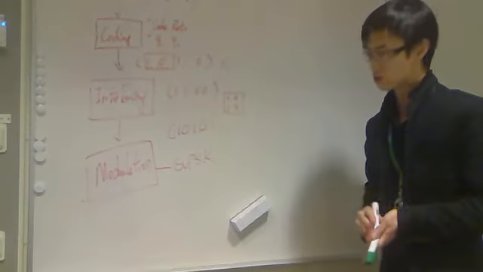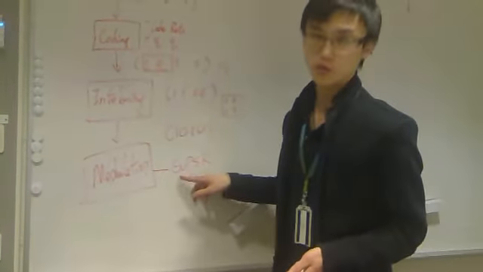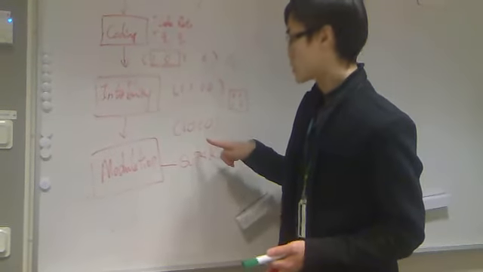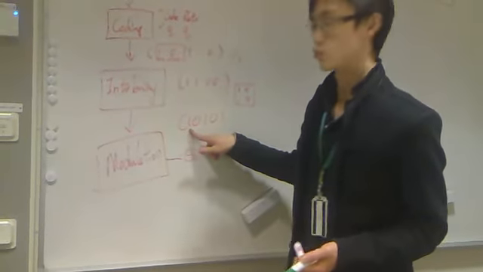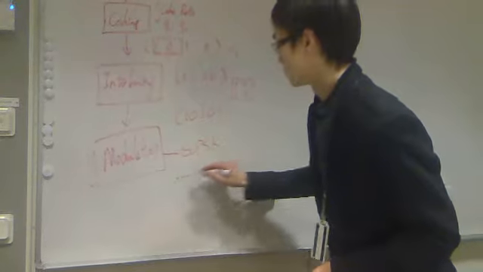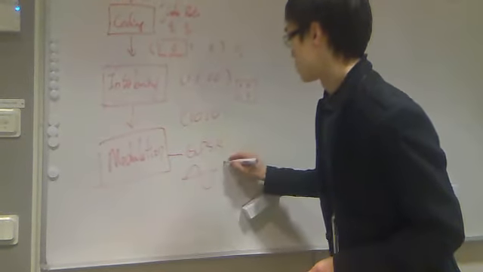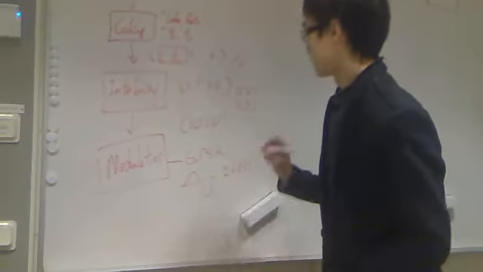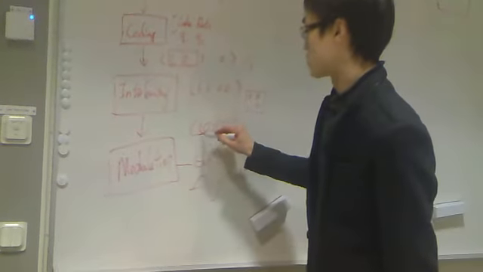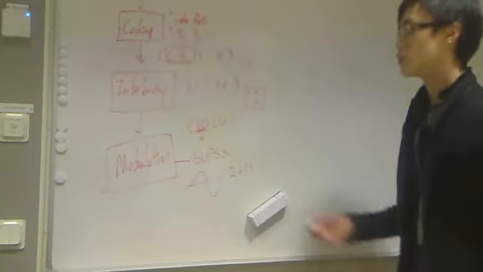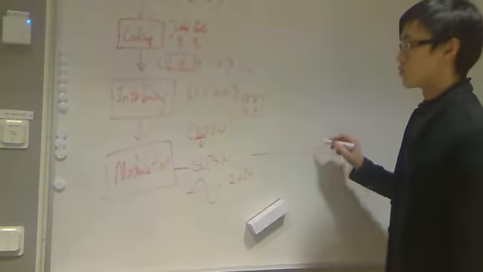I only use this one because Q means quarter, which means instead of transmitting one bit with one pulse, we use one pulse to transmit 2 bits. Like this, these 2 bits together become one pulse.